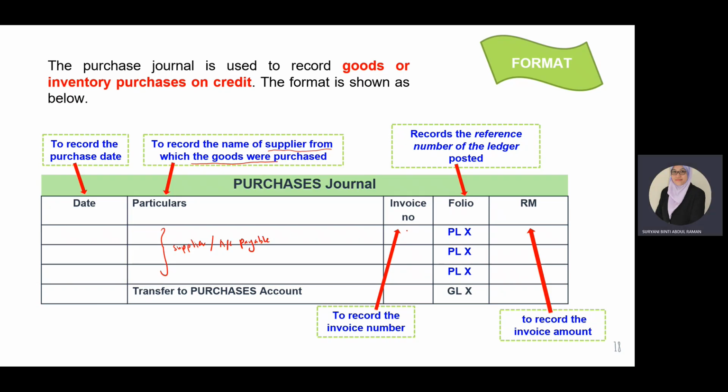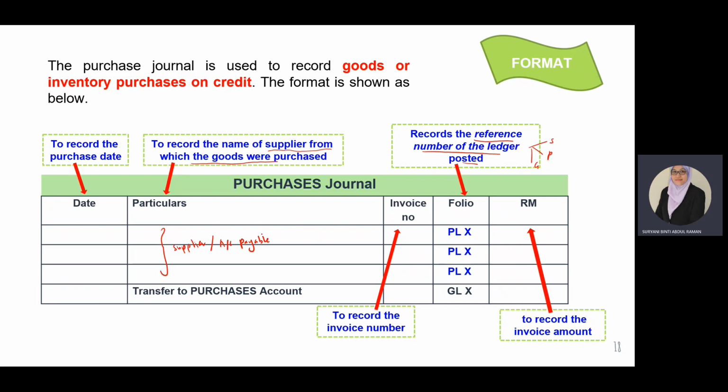Next, you will record the invoice number that is attached to the purchases. Next, you will record the folio. What is folio? Folio is to record the reference number of the ledger posted. Remember, we have three types of ledger. We have sales ledger, purchase ledger, and general ledger.